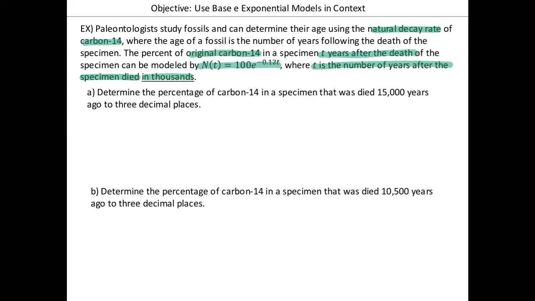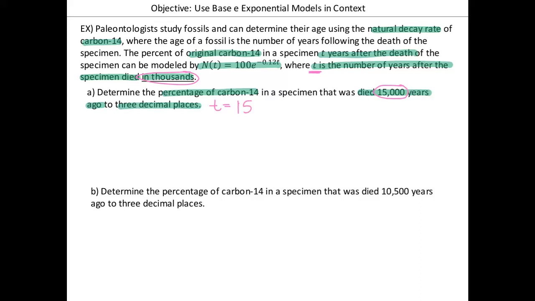So in this case, part A, it says determine the percentage of carbon-14 in a specimen that died 15,000 years ago to 3 decimal places. Okay, notice my t is 15,000 years ago is when it died. But if I plug in 15,000, it's going to be like a huge number. But here it tells me t is in thousands. So because t is in thousands, my t would just be 15.